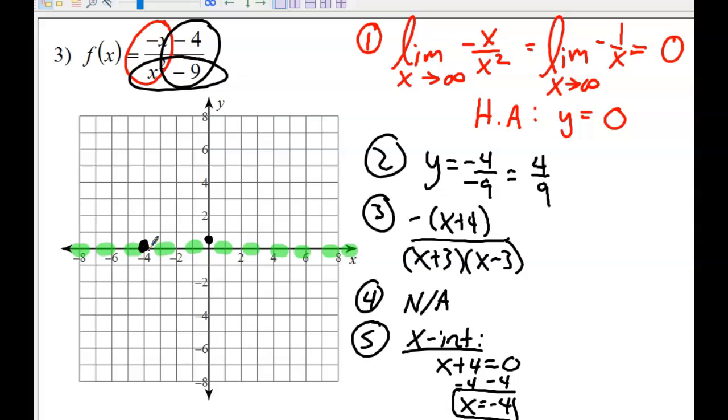By the way, this is a nice moment to mention this. I think it was yesterday, although I don't expect you guys to remember this necessarily, but I'll refresh your memory. Yesterday, I talked about how you can't have a dot on your vertical asymptote. You remember that? You're not allowed to touch a vertical asymptote. You can touch a horizontal asymptote. That's okay. Horizontal asymptotes don't tell you anything about the middle of your graph.